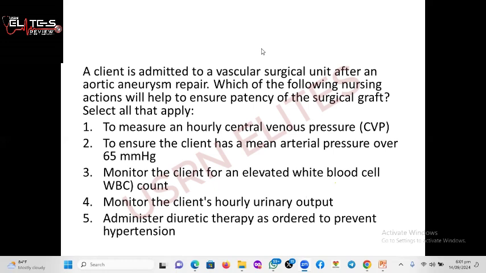But do you know a little bit about the mean arterial pressure? Do you know anything about it, Madam Presla? All right, I know it helps with perfusion of the organs. And what is the normal range?